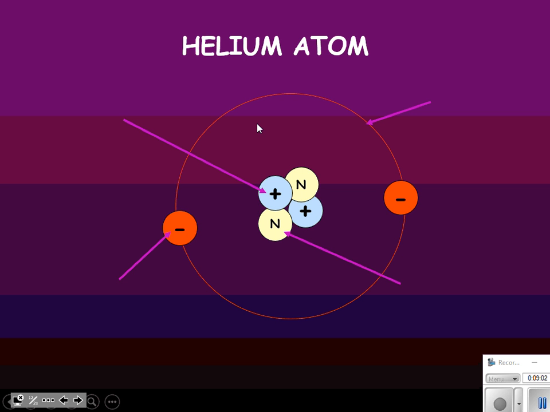If it is a balanced atom, there are also 2 electrons. And in this case, with helium, there are 2 neutrons. So protons, neutrons, electrons, and then this little red thing was the electron shell, the orbital that Bohr said those electrons went around the nucleus.